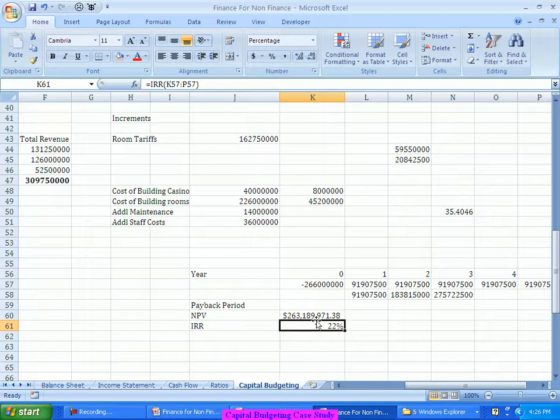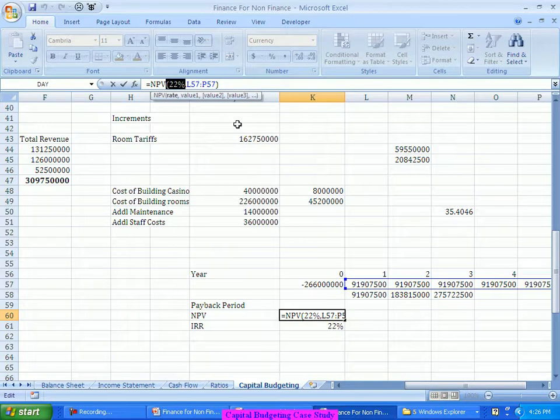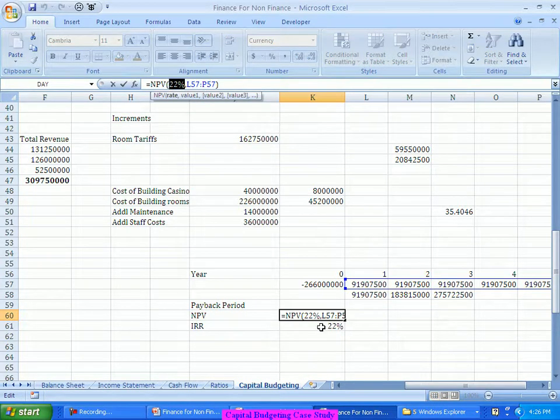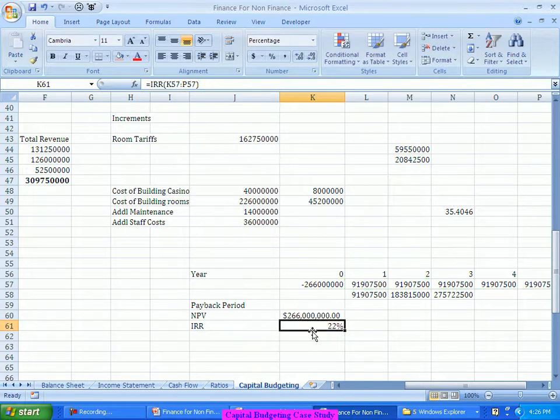So if I put exactly the IRR number here instead of 22, because this may be an adjusted number, it will give me exactly 26.6. So which means the project is giving me around 22% return, the first project.